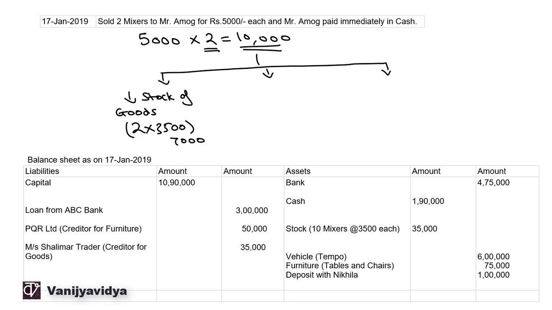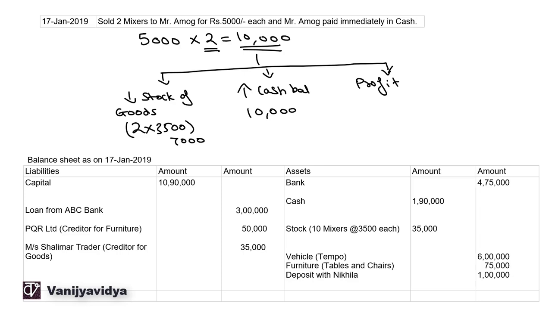Then we have received cash immediately. So there will be increase in cash balance. How much is the cash received? 10,000. So cash balance will increase by 10,000. Now if you see, the cost of mixers was 3,500. We have sold it for 5,000. So we have made a profit.